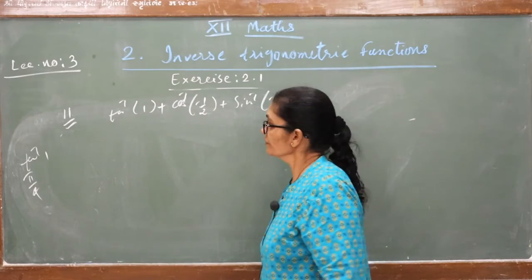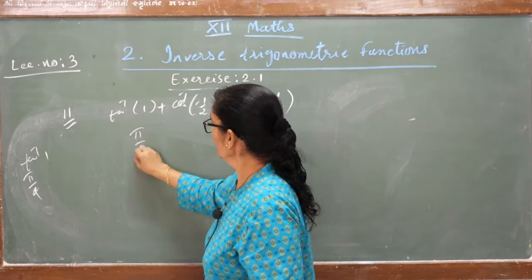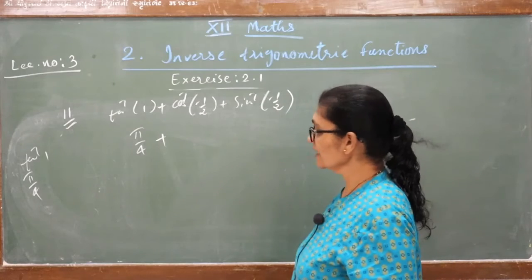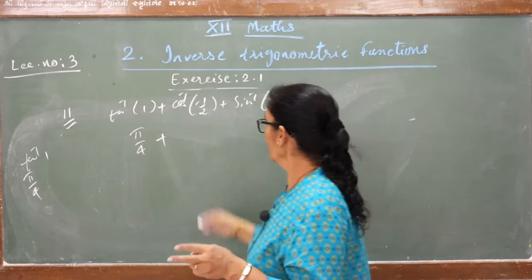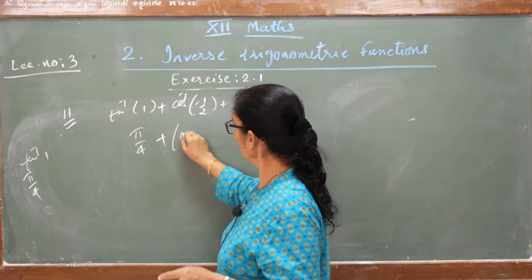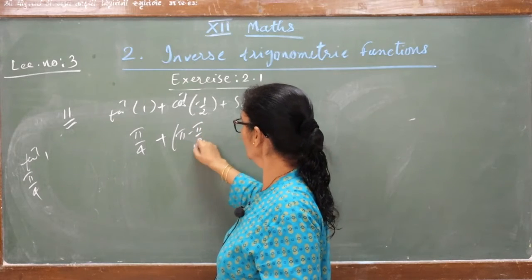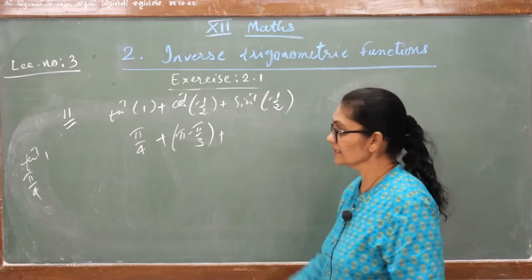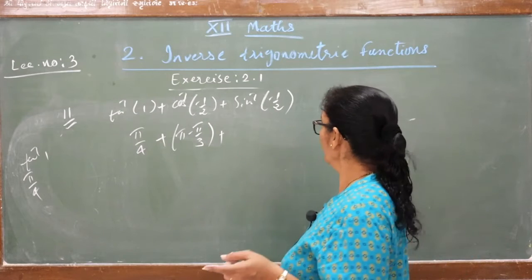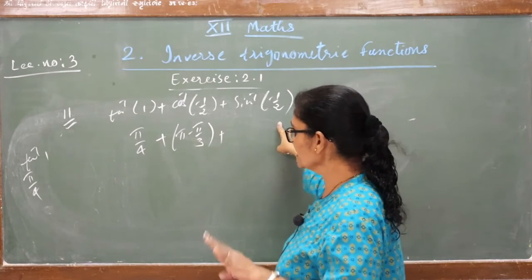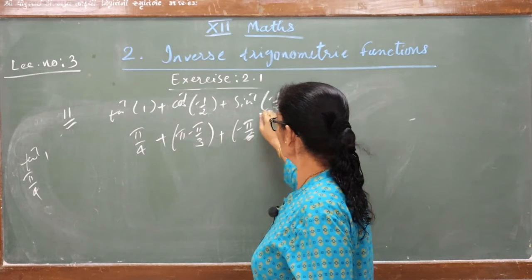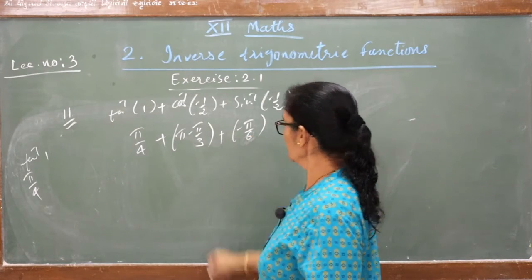So tan inverse 1 will be pi by 4. Now second, minus sign. Minus sign means in which quadrant? Cos means second. Cos half is at pi by 3, and minus sign means pi minus pi by 3. Similarly, sine half is pi by 6, but minus sign means fourth quadrant, so we can write minus pi by 6.